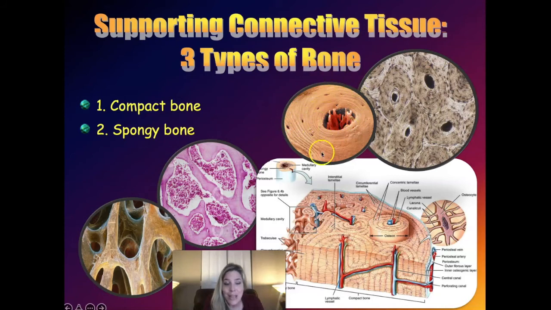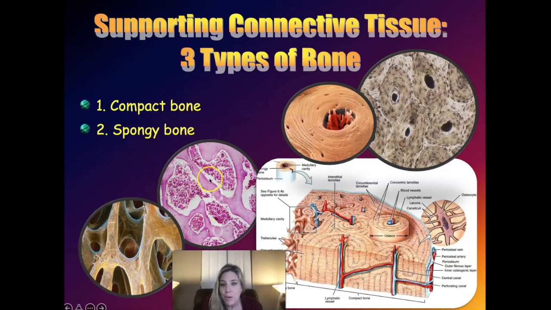So here's a scanning electron micrograph showing you, and of course you have the osteoblast cells in these little holes here, these little lacunae. So it's very compact together, versus spongy bone is what you would find on the inside of the bone, of a long bone, for example, and you'll see these little connections here called trabeculae.